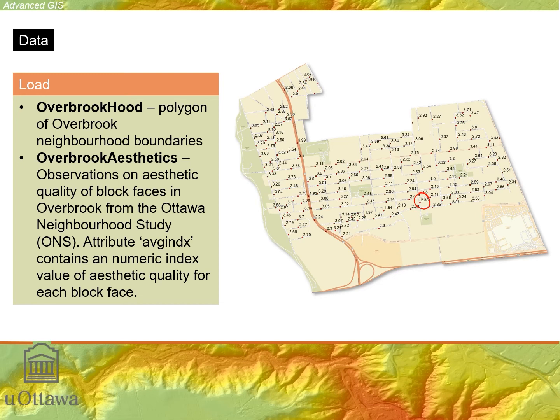This is things such as the upkeep of lawns, the degree of flowers and shrubs, the upkeep of the homes, and this type of stuff. There's a lot of things in that checklist, and from that we made this index, which ranges from 1 to 5, where 5 would be the best and 1 would be the worst.